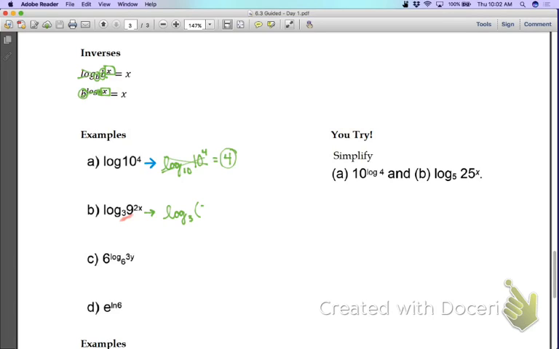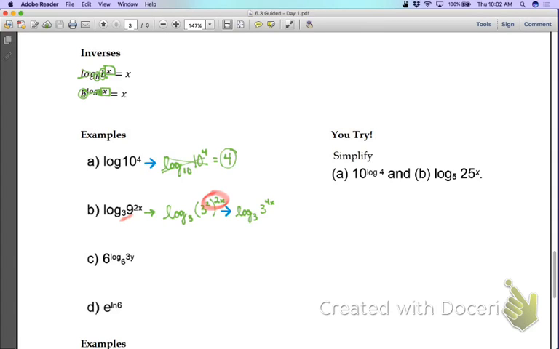So I can rewrite 9 as 3 squared, all to the 2x power. From what we talked about when we did power of a power, what is 2 times 2x going to change to? Log base 3 of 3 to the 4x power. 2 times 2x is 4x.